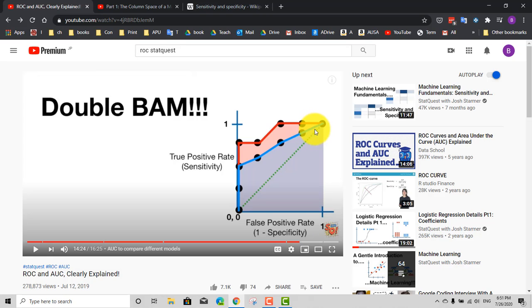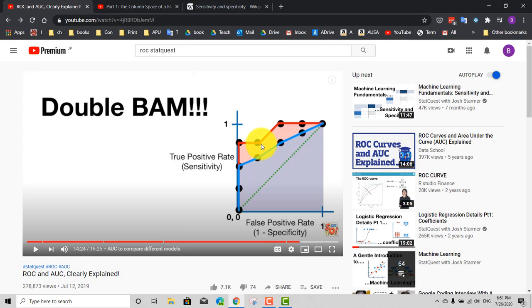One way to decide is to talk about the area under the curve. So if the red one has a greater area under its curve than the blue one does, we would say that the model expressed by the red one is better on average, or on the whole, than this one. But that doesn't always work, because you might get a point.